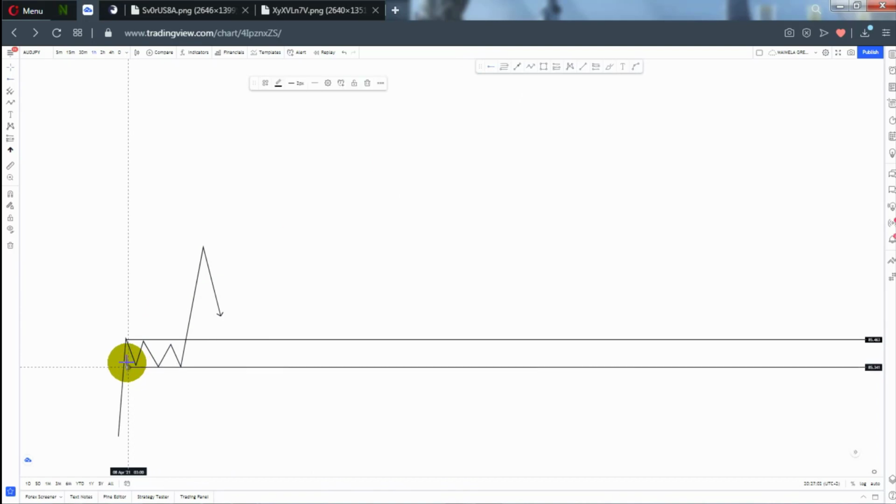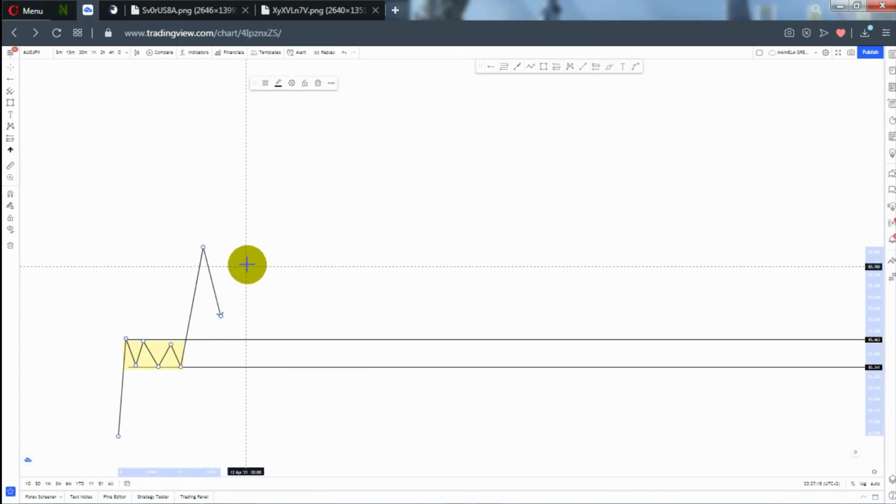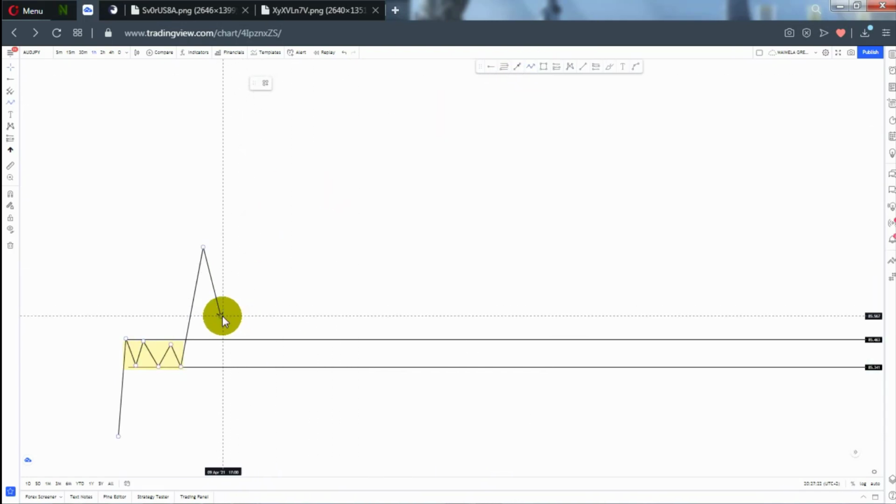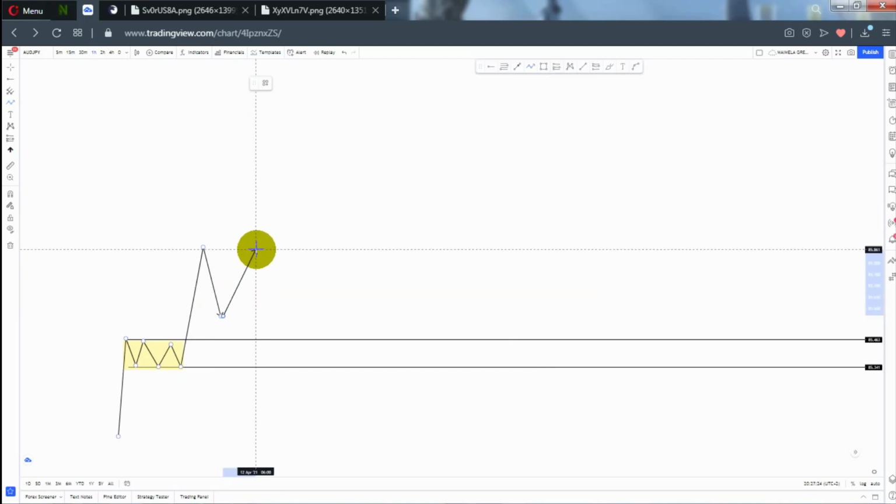So in our mind, we think that the market is going to come to this level here and give us a pattern, then we continue going up. In this case, you see the market rejecting this level here, giving you another pullback to the upside.